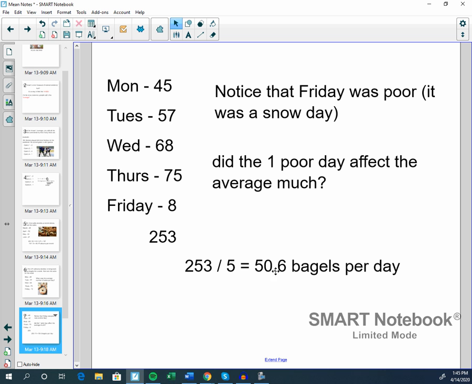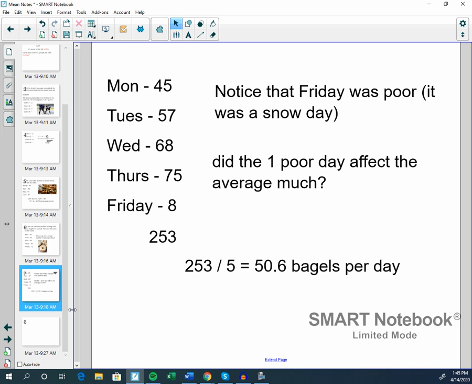So if the cafeteria went with this week and only made 51 bagels per day, they would have people wanting more. The one day affected the average a fair bit, so you have to be careful with stuff like that. This is why the average or the mean is not always considered to be the best measure of central tendency.